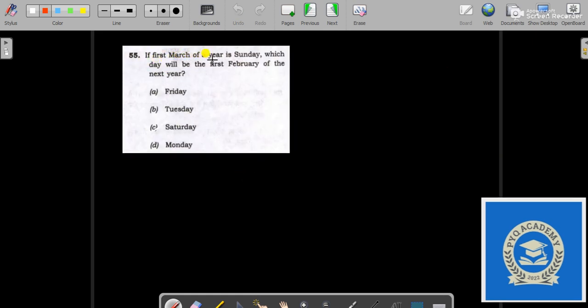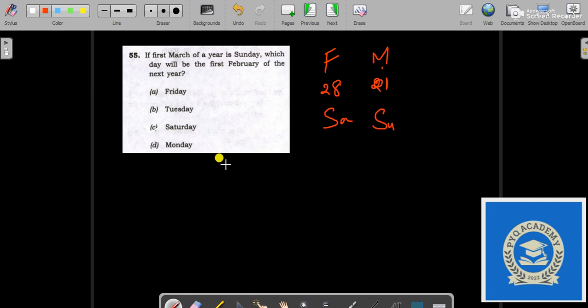If the first of March of a year is Sunday, which day will be the first of February? Suppose March 1 is Sunday. Then Feb 28 will be Saturday.